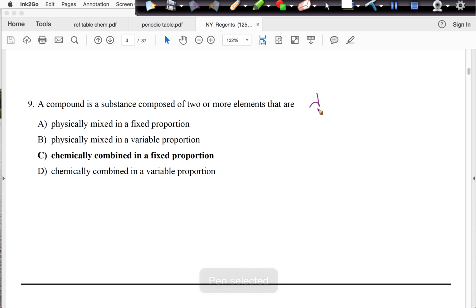Number 9 is a definition question. It's asking about a compound, and remember, a compound is a substance. The other kind of substance would be elements. Elements and compounds are the only things that are considered substances.